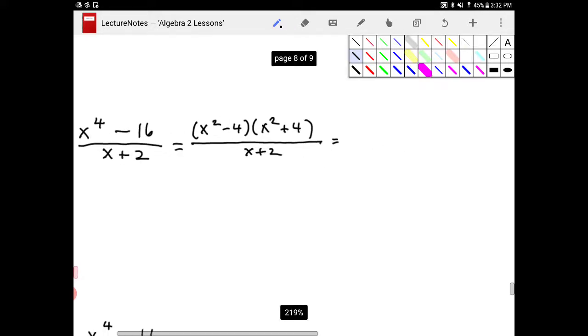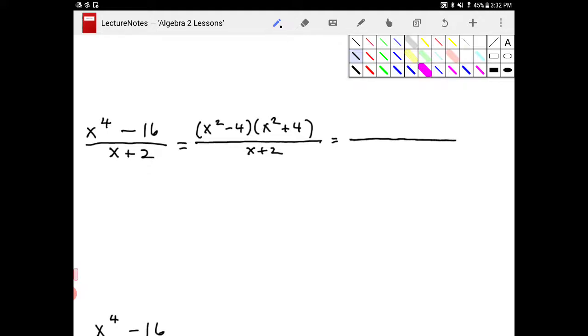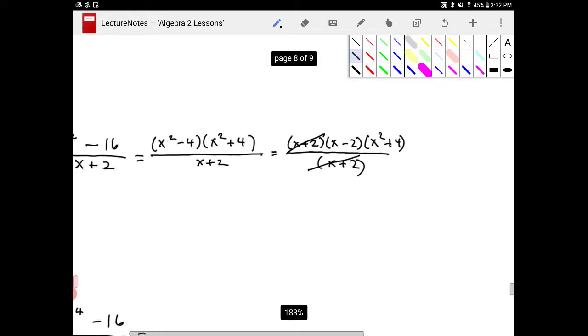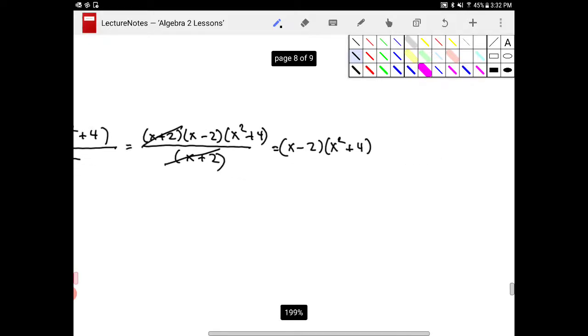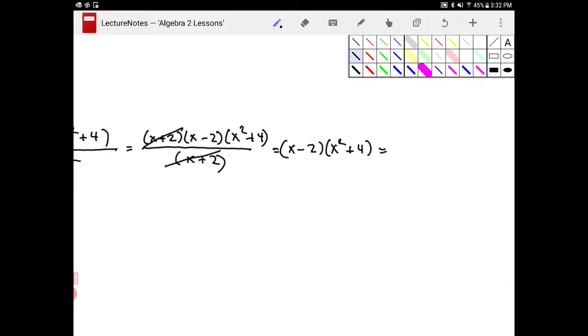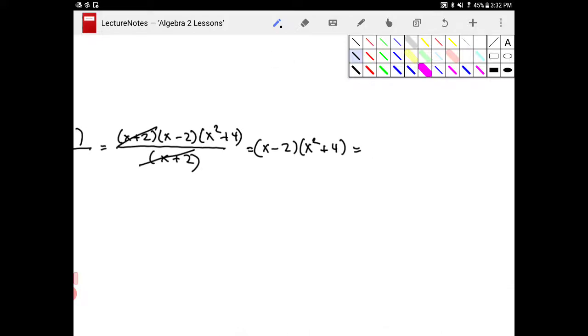Then this further reduces to x plus 2, x minus 2, x squared plus 4, all over x plus 2. So this reduces to that, and I am left with this product, x minus 2 times x squared plus 4. Technically, yeah, that is my answer, but I want to write it out as a single polynomial, but not as a product of two binomials.